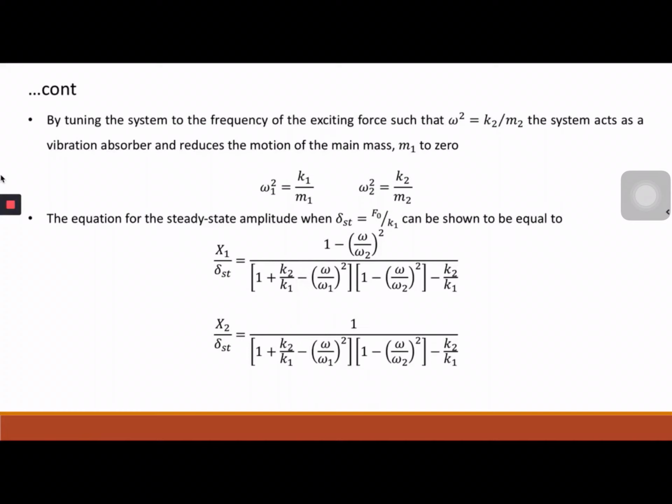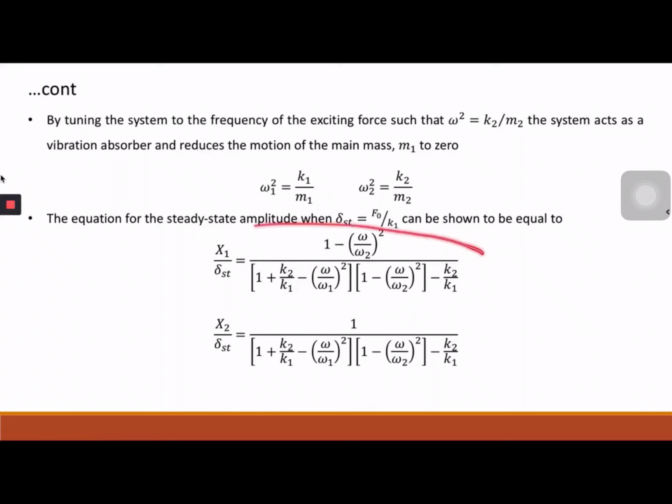So we have the natural frequency of the main system and the natural frequency of the absorber. The equation of motion for the steady state amplitude uses the static deflection delta st equals f0 over k1.